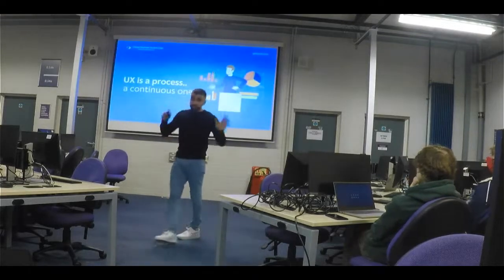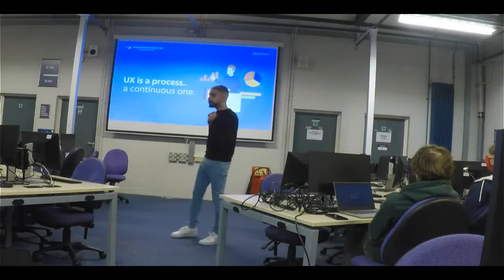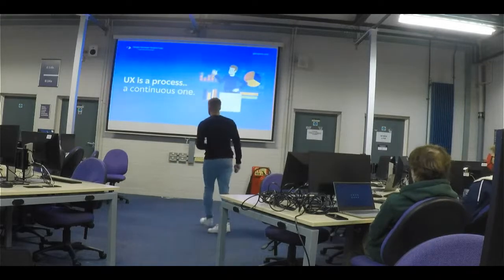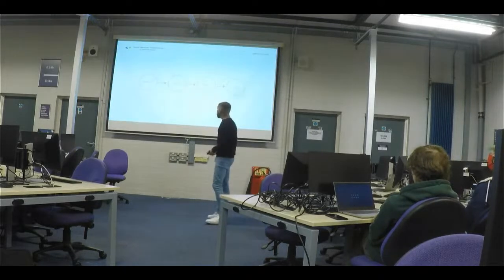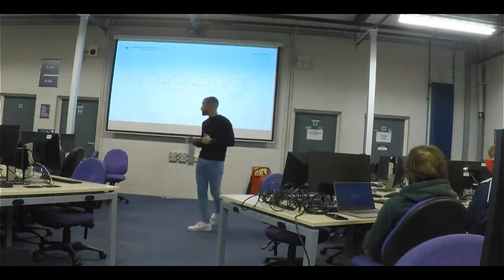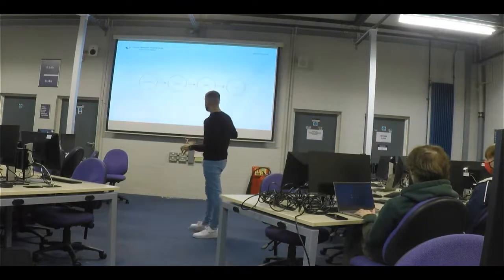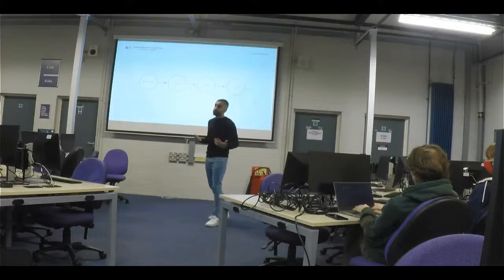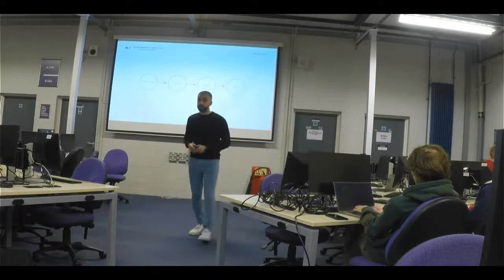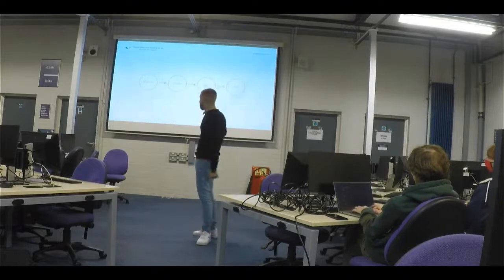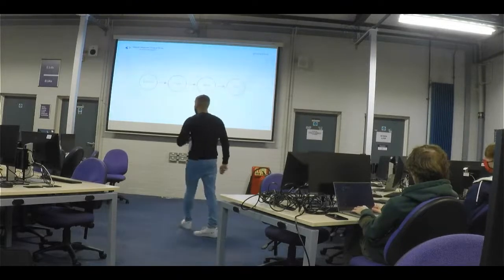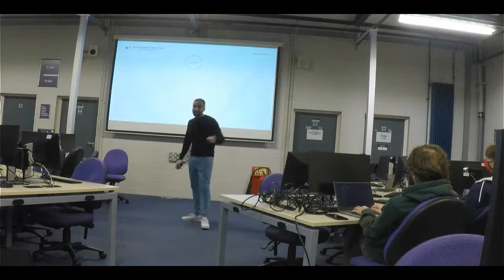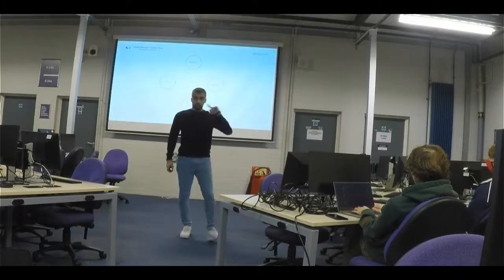So as I said, UX is a process, but it's definitely a continuous one. So this is, again, the standard design process. And in an ideal world, and especially in the UX world, this is not how it happens. Usually it happens as an iterative, continuous cycle.